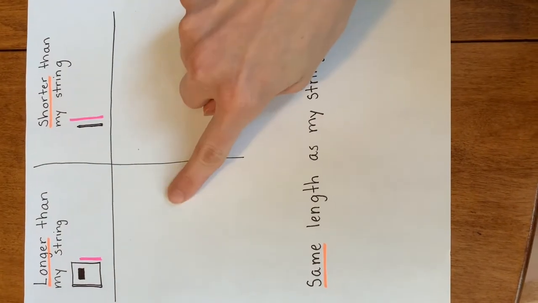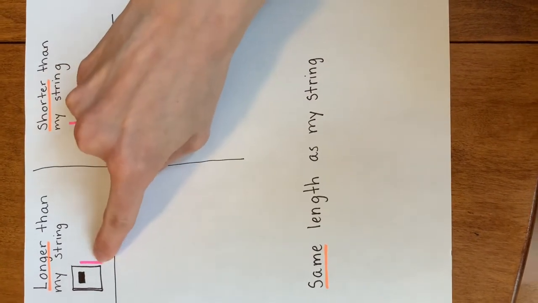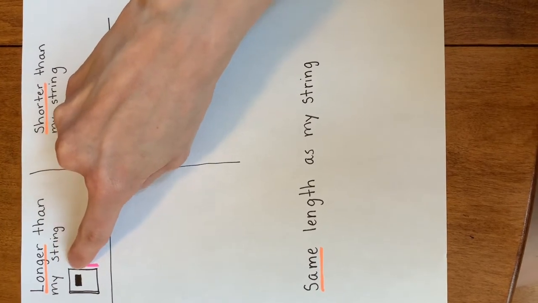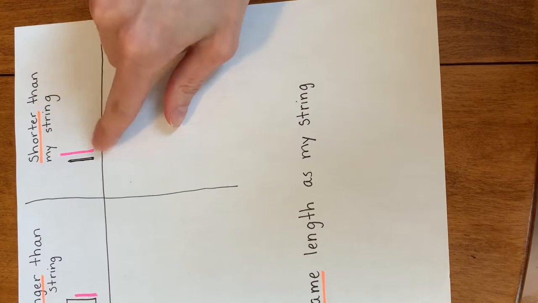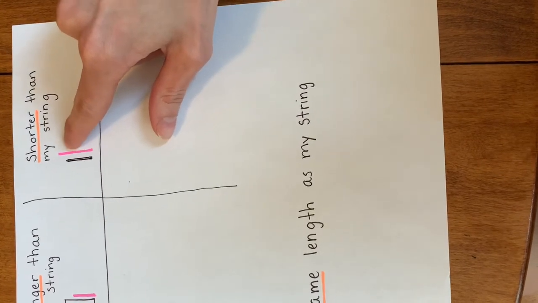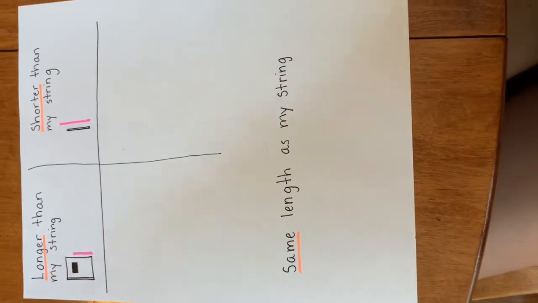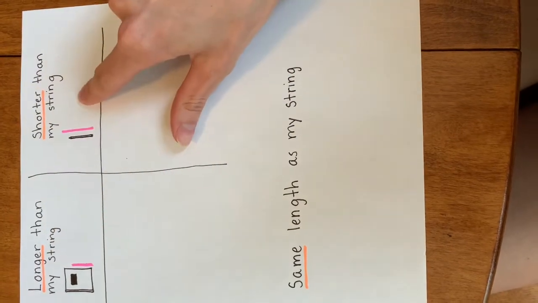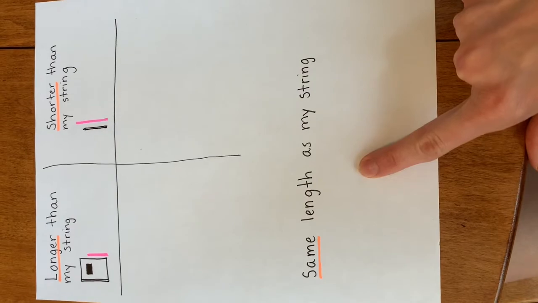You're going to make a T-chart: longer than my string, which means it goes further than your string, and shorter than my string, which means your string goes past this object. We're going to look for things that are longer than the string I'm using, shorter, and then let's see if we can find something that is the same length as my string.